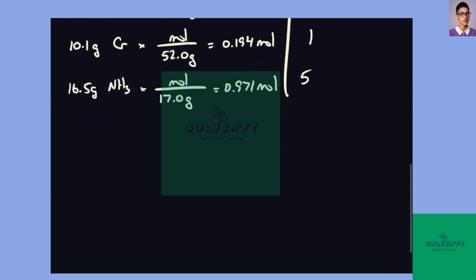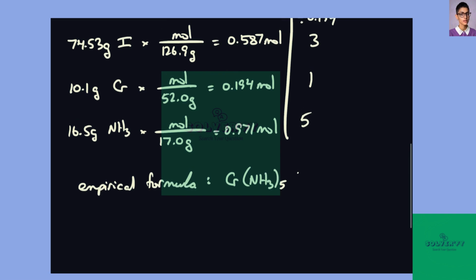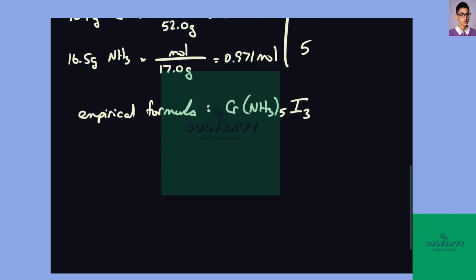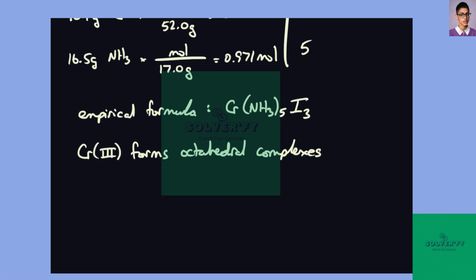So our empirical formula here is Cr(NH3)5I3. So in this case here, chromium 3 plus forms octahedral complexes.